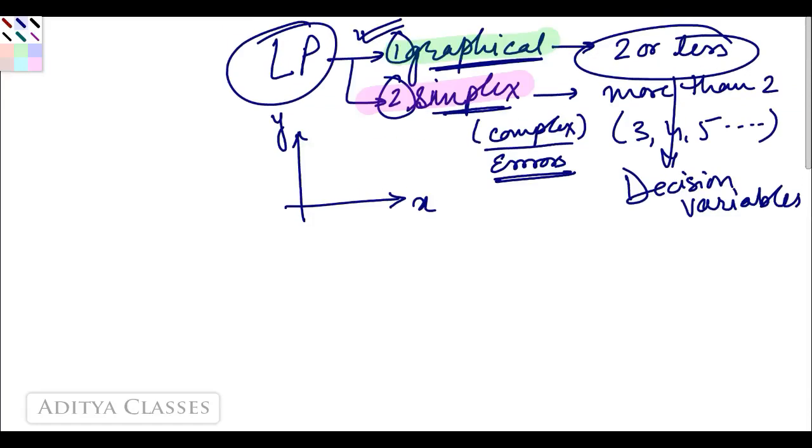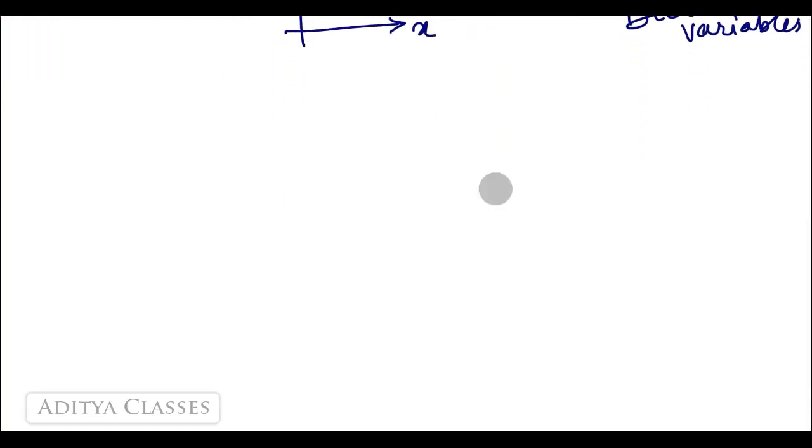Before we jump into a problem, first let us clear out certain basics of how a graph is created and what rules should be followed. For the purpose, let us draw a coordinate system over here, and then we'll see how we can plot a graph.